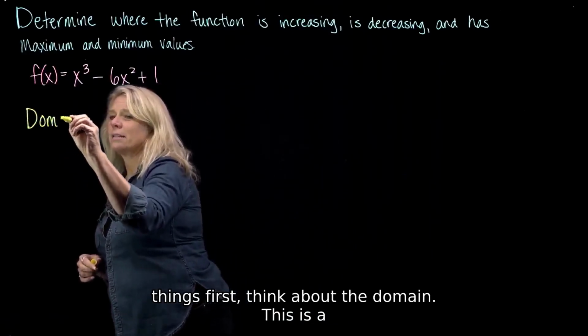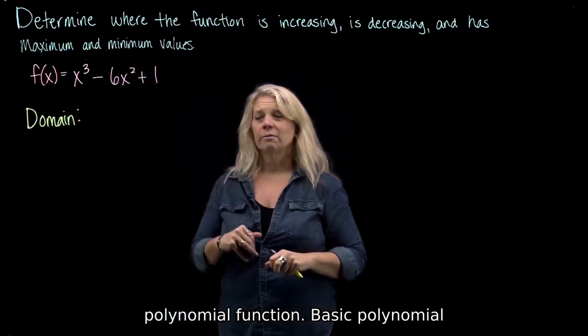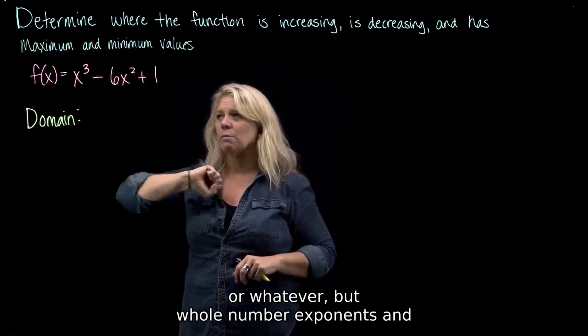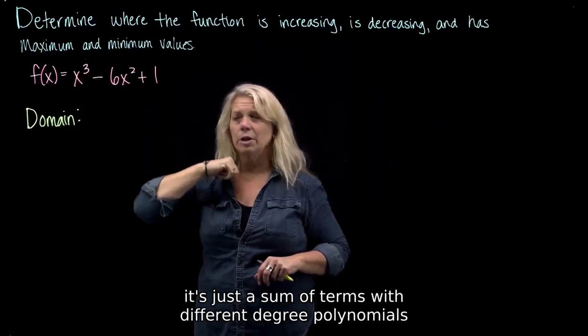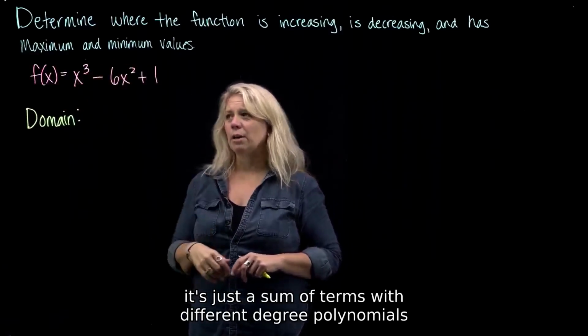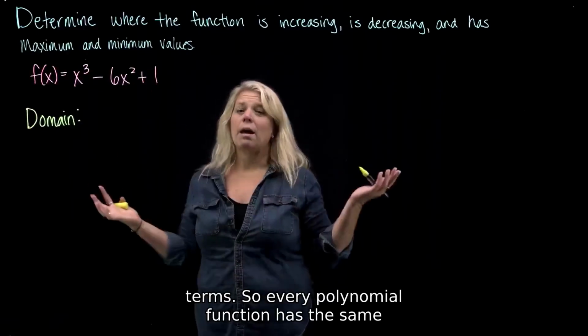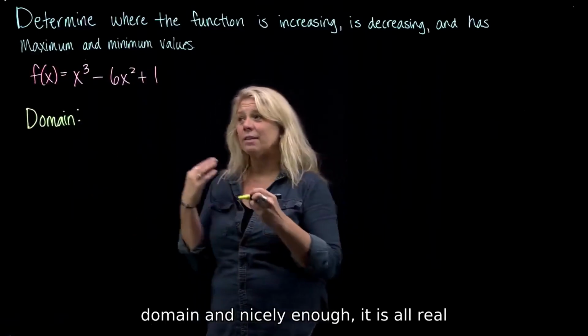All right, so this is a polynomial function, right? So, a basic polynomial function, we might have different exponents, but whole number exponents, and it's just a sum of terms with different degree polynomials, and maybe constant terms. So every polynomial function has the same domain, and nicely enough, it is all real numbers.